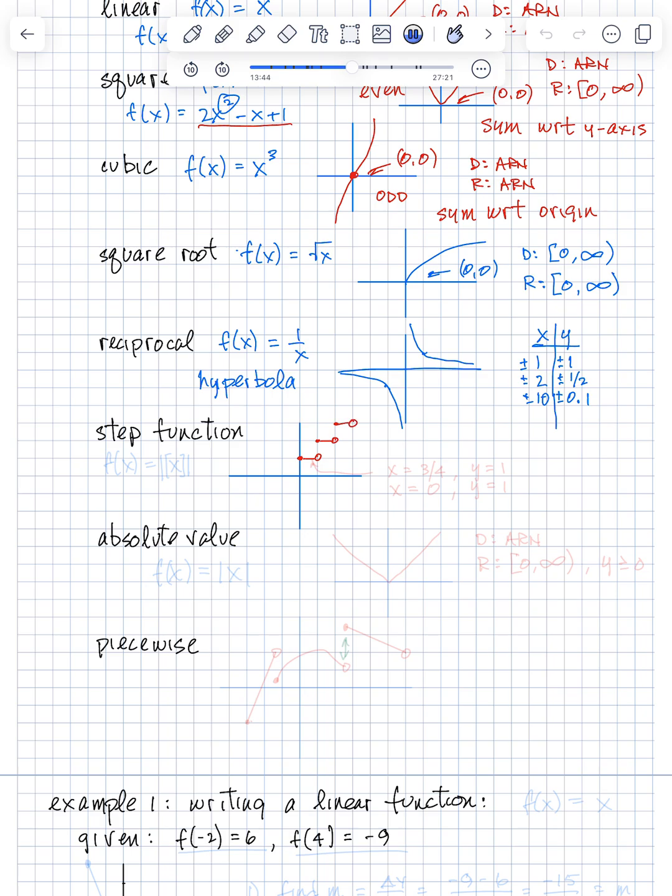So what this means is if x is between 0 and 1, you have a constant value y equals 1. So right here, let's say at this point, x equals 3/4. Y is going to equal 1. Or we could have x equals 0 at that point, right here where the dot is, x equals 0, and y is still equal to 1.